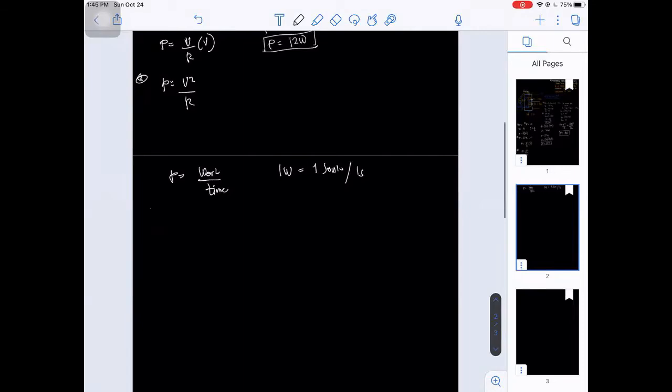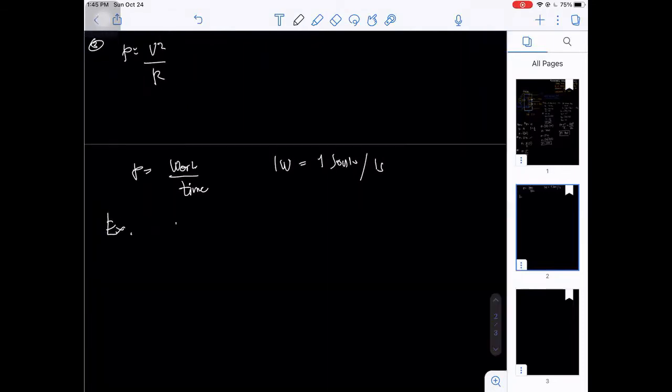For example, let's say we have two systems that will deliver 100 joules of work. The first system delivers 100 joules per second, and the other system performs the work over 10 seconds.